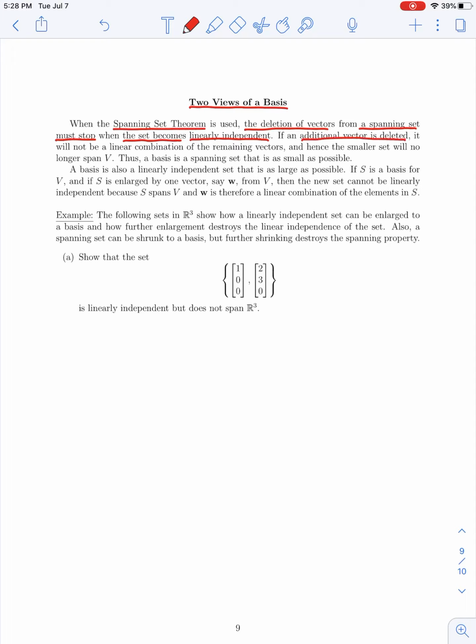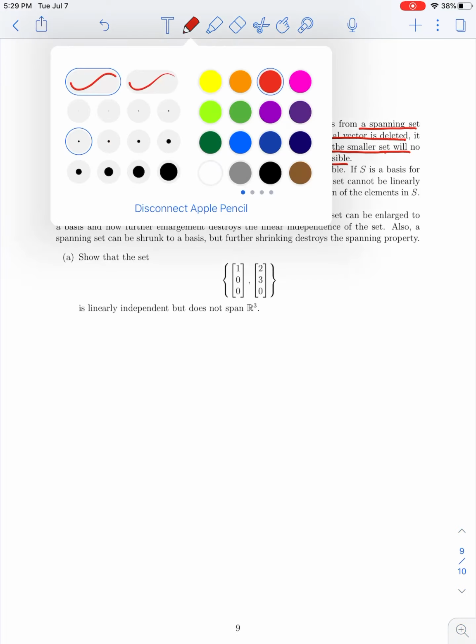If we were to delete additional vectors, then the deleted vector would not be a linear combination of the remaining vectors, and therefore the smaller set will no longer span all of V. So we've deleted some vector which is needed to span the complete vector space V. So we can think about a basis as a spanning set that is as small as possible.